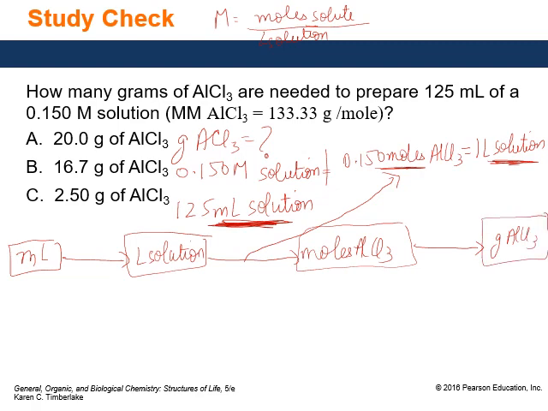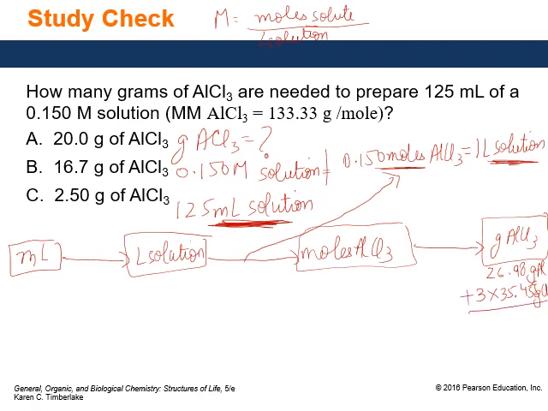For that, let's figure out the molar mass of AlCl3. If you look up your periodic table, the mass of each atom, Al is given as 26.98 grams of Al. We have one of those, and then we have 3 chlorides, so it would be 3 times 35.45 grams of Cl for each chloride.